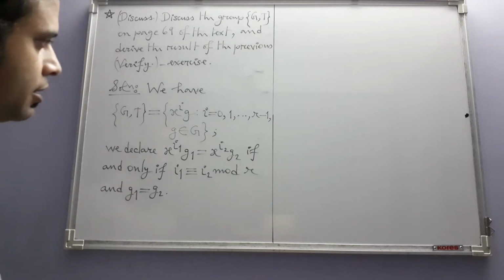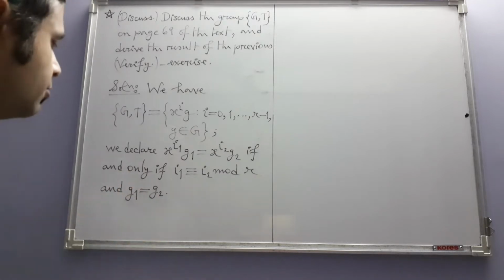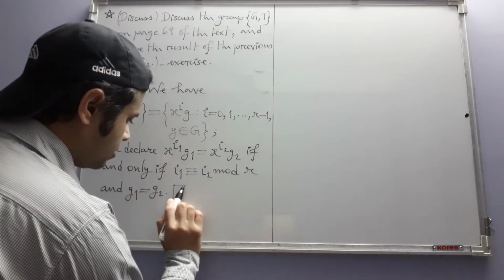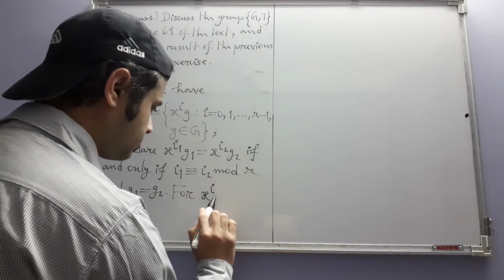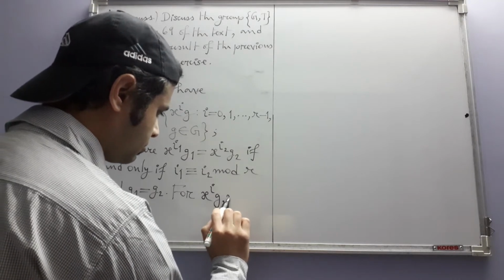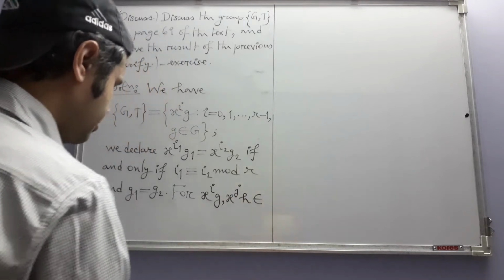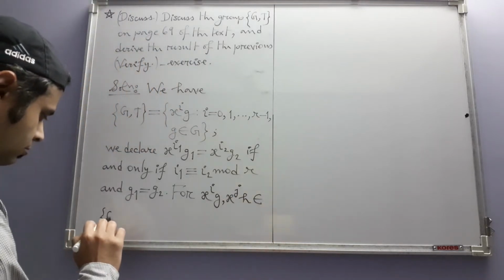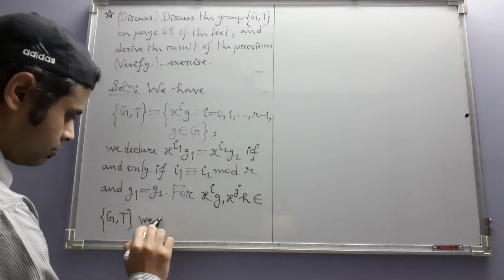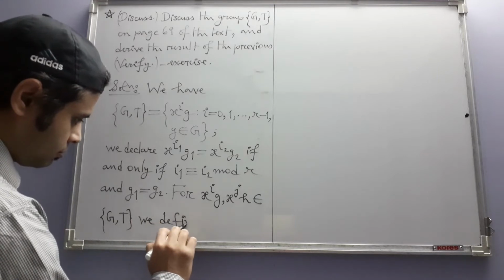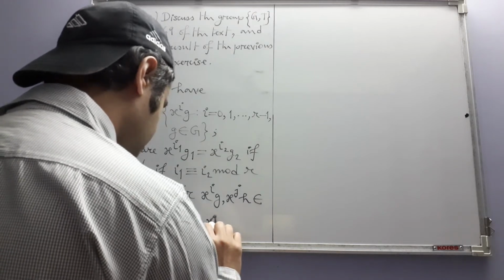Okay, now we define the binary operation that we want in this set to make it a group. So for two elements, we define the operation like this.